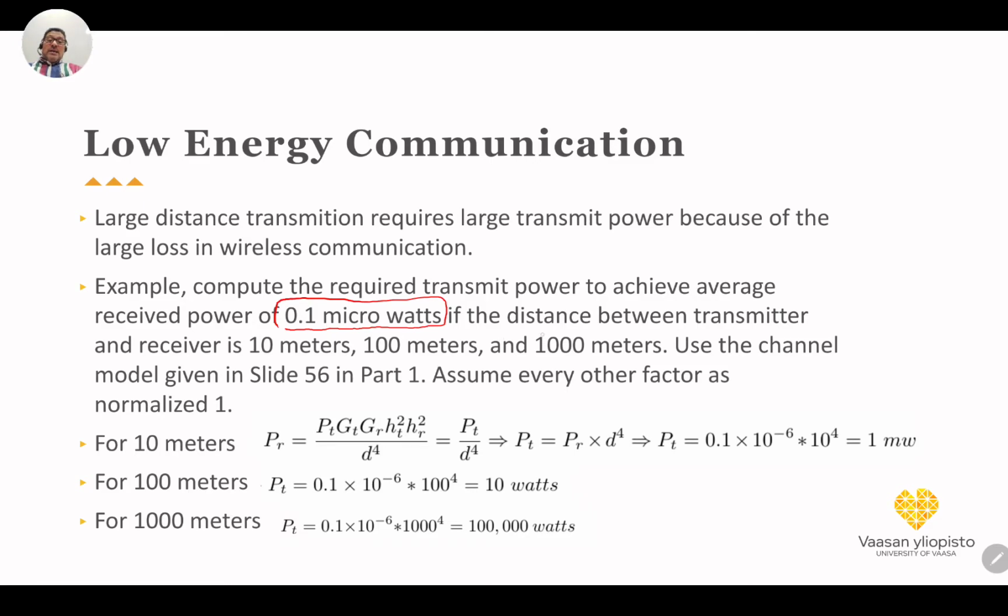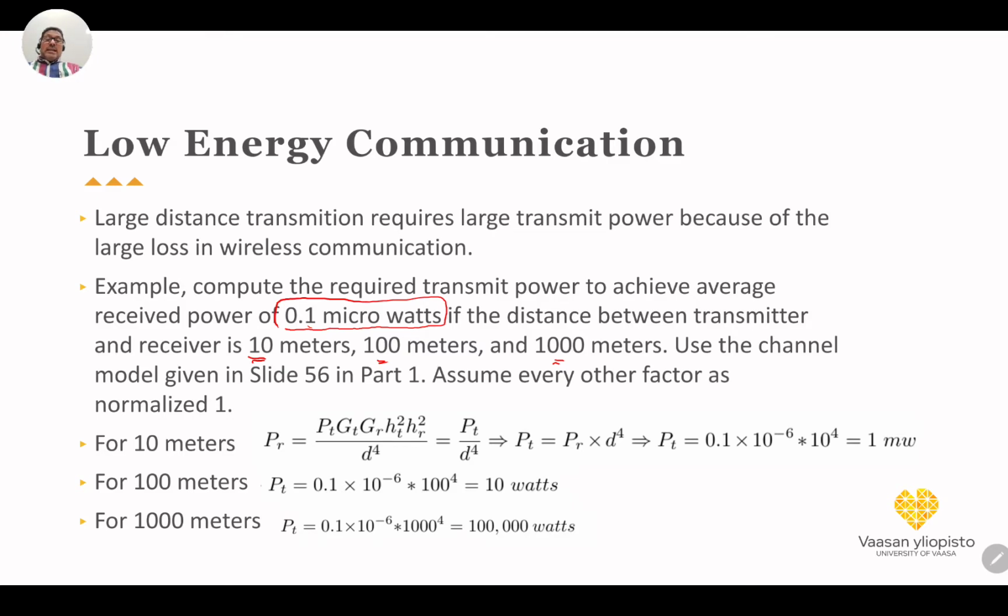The distance between the transmitter and receiver is once 10 meters, 100 meters, and 1000 meters. We want to compute the required transmitting power in order to achieve such receiving power. Of course, the receiving power is very important because the signal to noise ratio at the receiver should be more than a certain value for the receiver to be able to decode the signal.